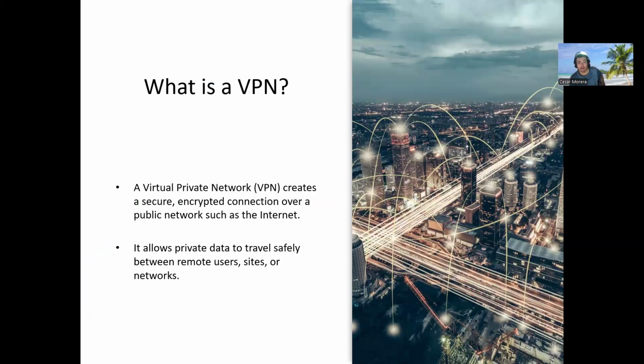What is a VPN? Have you ever thought about it? Basically, a virtual private network or VPN creates a secure encrypted connection over a public network such as the internet. It allows private data to travel safely between remote users, sites, or networks.